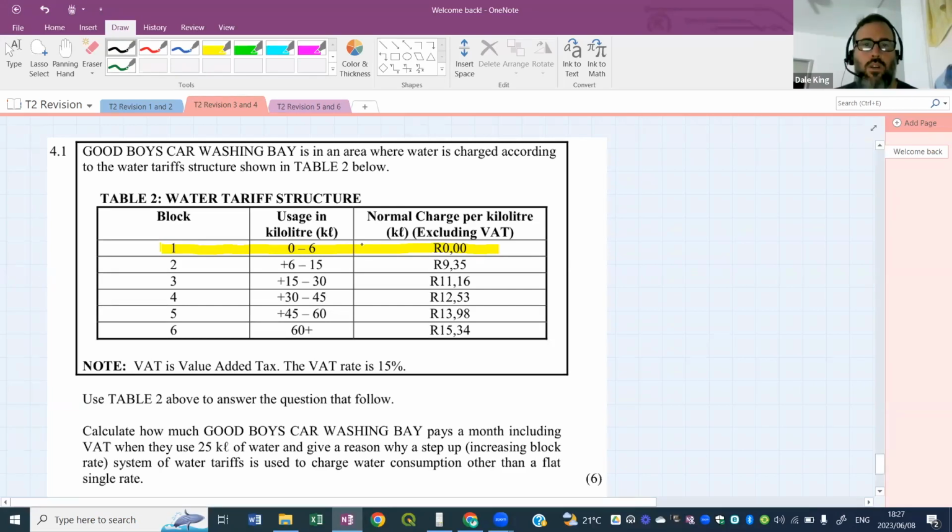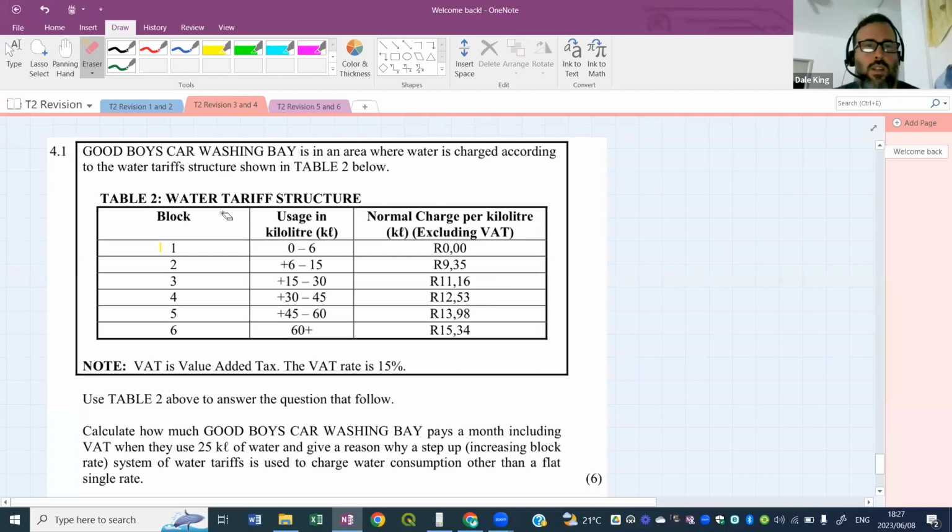So they decided that 6 kiloliters of free water was enough for an average household to get by with some basic needs. So this first 6 kiloliters is usually 0 rands. That's interesting. And underneath that, we have all these other tariffs. As you move down the tariff table, it gets more expensive. We'll talk more about that now.